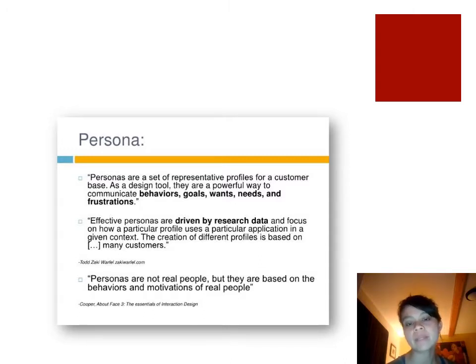For example, if you are redesigning the Web Campus website, then your persona could be a student who is an international student. The student could be from India, and it could be a girl.